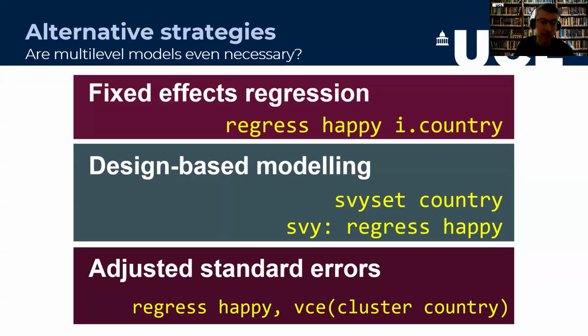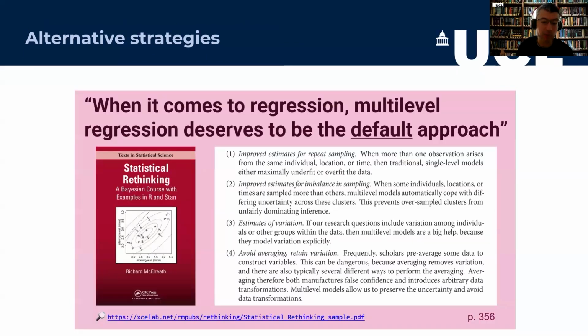Generally speaking, these are potential strategies, but increasingly there is more and more evidence to suggest that when the data is indeed multi-level, we should be using the correct multi-level approaches, and this should really be the default approach. This is quite important, especially for the estimation of the variation across the groups.